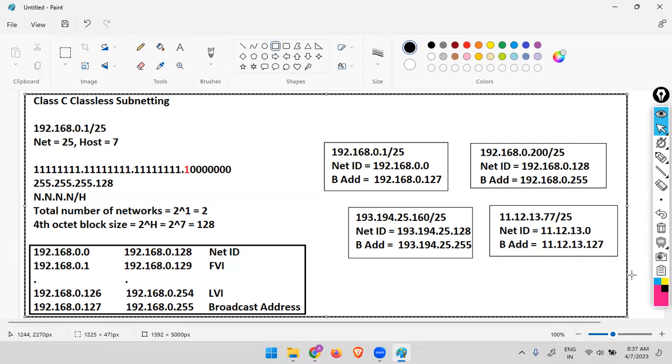Any doubt? Yes, please. Is classless subnet masking only applicable for class C, and not for class A and B? Can you repeat, please? No, it's applicable for all the classes A, B, and C. Can you give us some example?